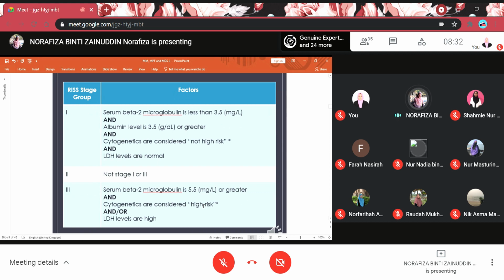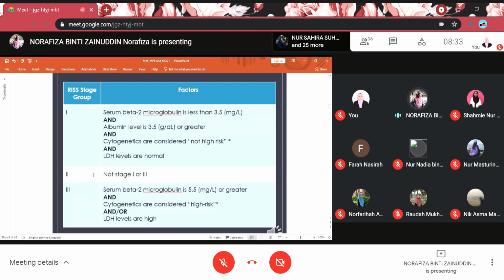Right. So you can see here those who are grouped in group 1, the serum beta-2 microglobulin is less than 3.5 milligram per liter, and they have albumin level of 3.5 gram per deciliter or greater. Cytogenetics are considered not high risk, and the LDH levels are normal.